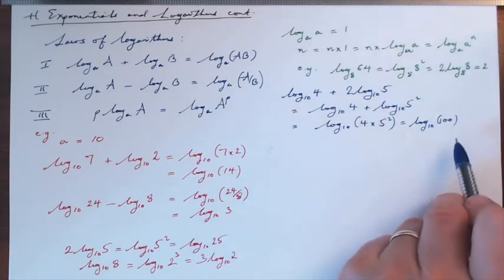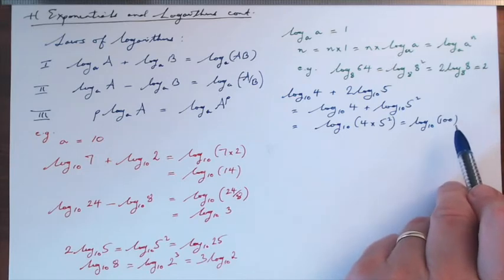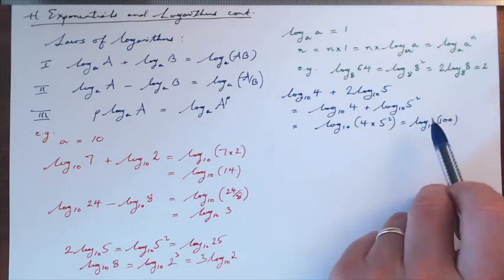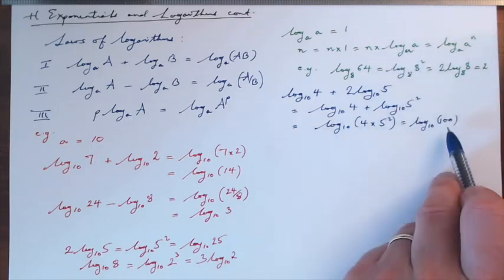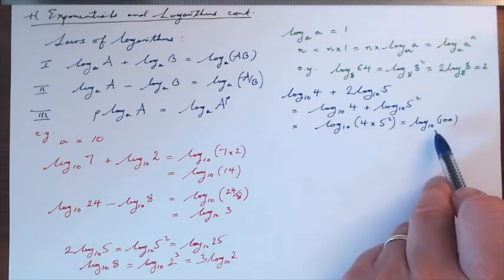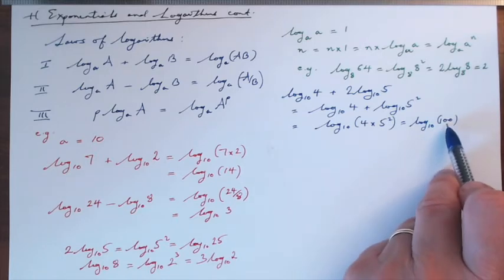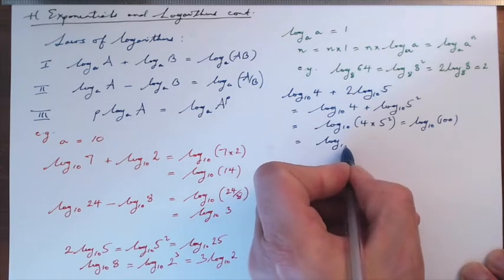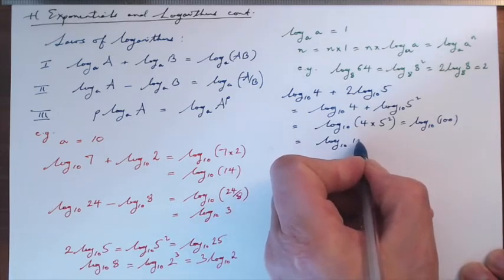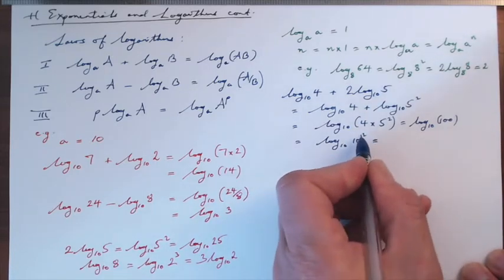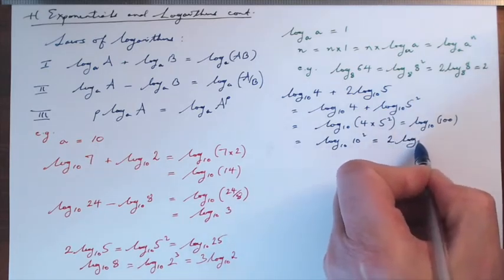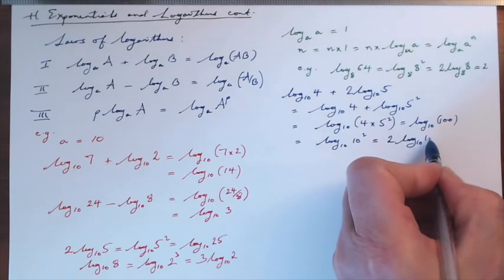And you might be content to leave it at that, but actually a final mark would be awarded for recognizing that this is a case of what we spoke about above, where the thing we're taking a logarithm of is easily expressed as the base to a power. So the final step would be to recognize that we can write 100 as 10 squared. We can then take that 2 outside, and we're left with log to the base 10 of 10.